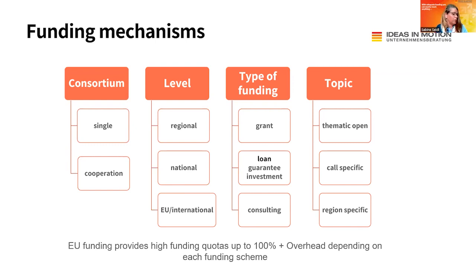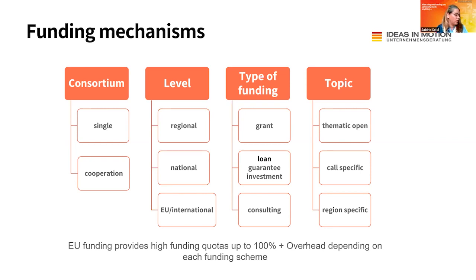For example, maybe some of you know that the EIC Accelerator is a funding scheme where a single submission is allowed. Then in the funding mechanisms, you have regional, national, and international funding schemes, but some of them are administrated at national level.